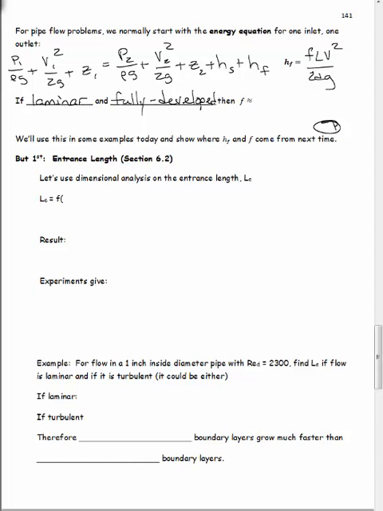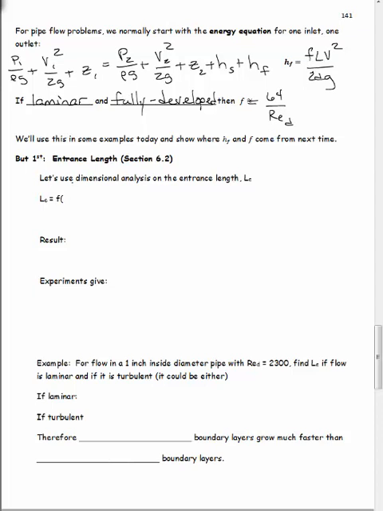F is equal to 64 over the Reynolds number. So we will use this set of equations right here all the time. Plus, if it's laminar, we can go back and use those other equations we just did. If it's turbulent, we can still use this whole energy equation and equation for HF. It's just we're going to have a different F for that case.